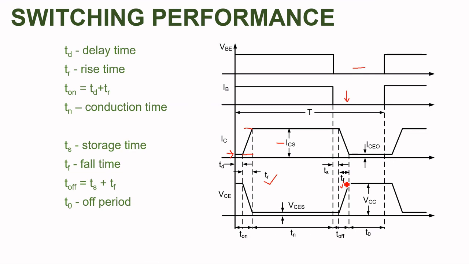Thus we can say total off time is the summation of storage time Ts and fall time Tf. In this waveform, Ton is represented by the conduction time and Toff is represented by the off time or off period.